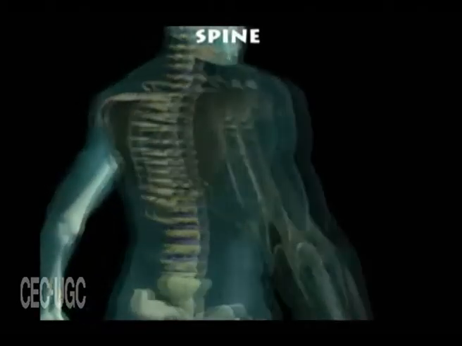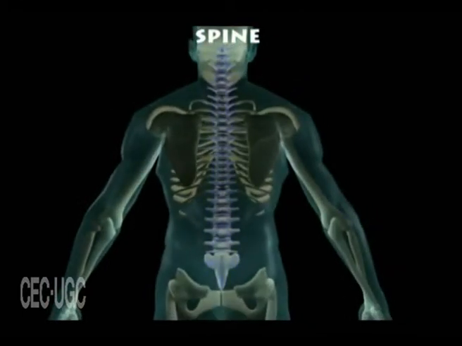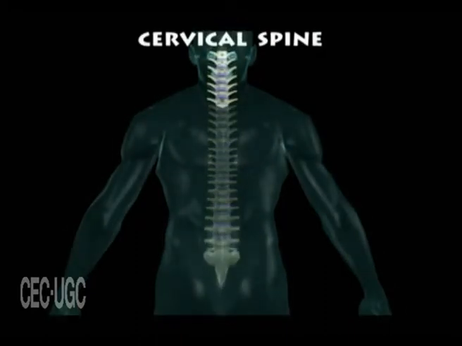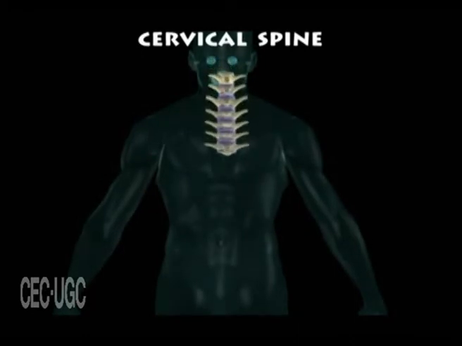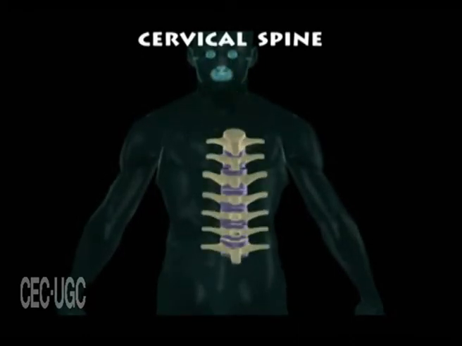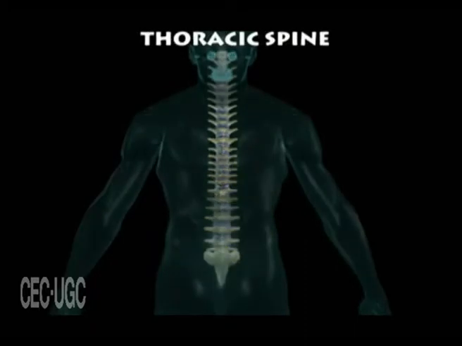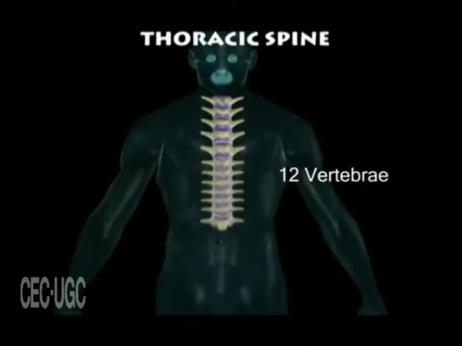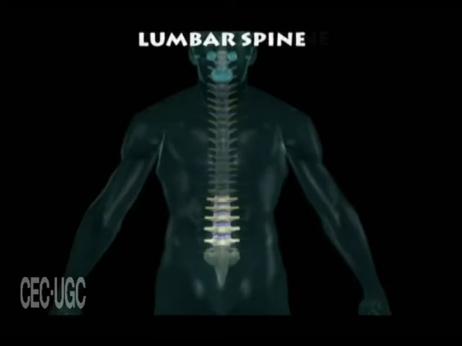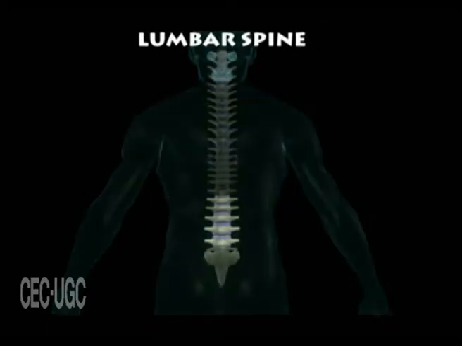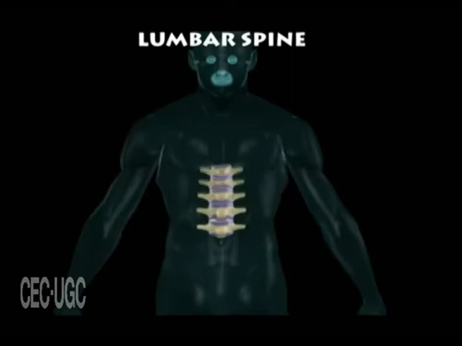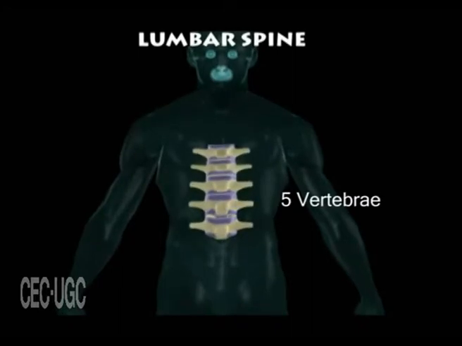This vertebral column can be divided into 5 sections. The first one is the cervical part. Cervical part means neck region. So there are altogether 7 bones or 7 vertebrae constituting the neck region or cervical vertebrae. Then 12 of them constitute thoracic vertebrae. Then another 5 comes in the abdominal region, and that is what we call lumbar vertebrae.